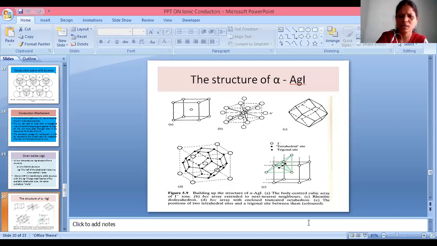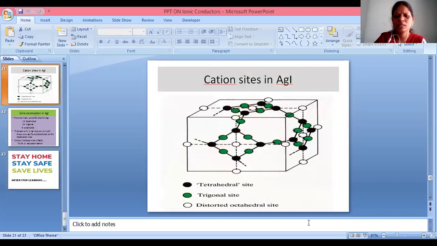You can see here different atoms. In the picture, the I- are the colorless ones, and tetrahedral sites and trigonal sites, different sites are shown here. And these are the cation sites in silver iodide: the black one represents tetrahedral sites, the green one trigonal sites, and the colorless one is the distorted octahedral site.